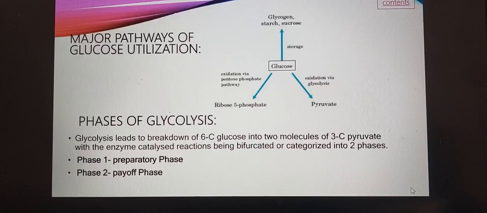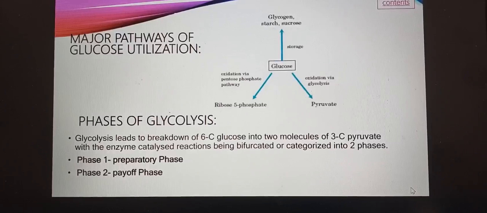The phases of glycolysis are divided into 2 phases: the first phase is the preparatory phase, and the second phase is the payoff phase.